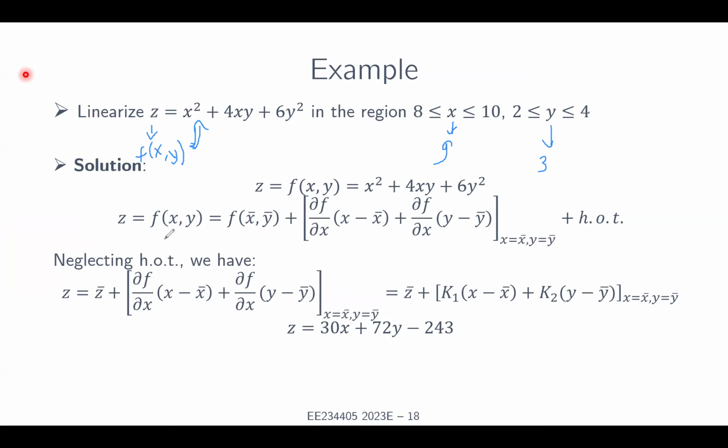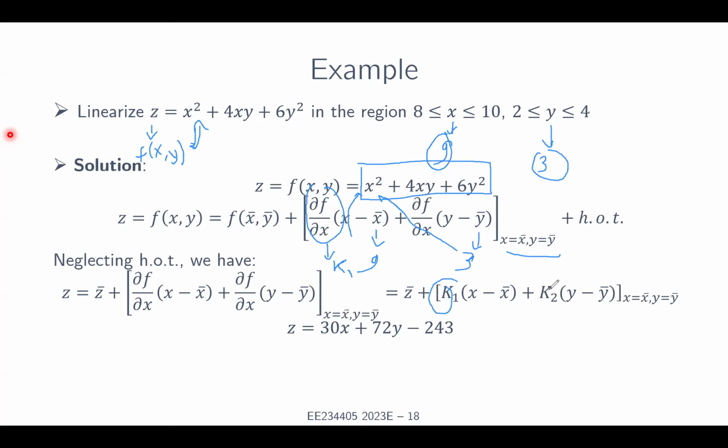We use the same approach. Now we have two variables, x and y, and x bar and y bar are 9 and 3. So x minus 9 and y minus 3. We derive this and plug in the numbers 9 and 3 into these equations. Suppose this is K1 and this is K2.